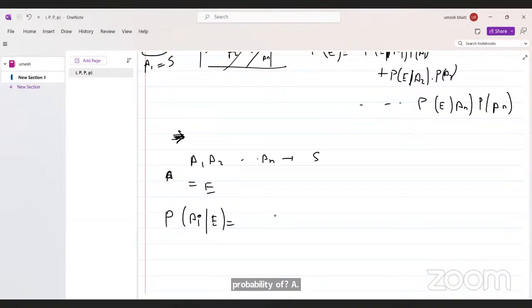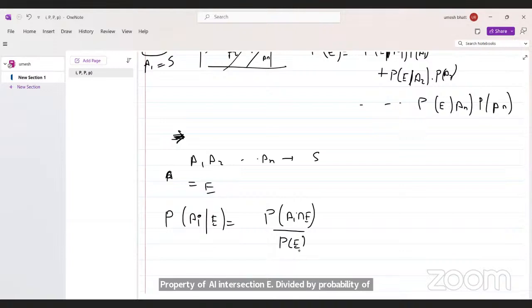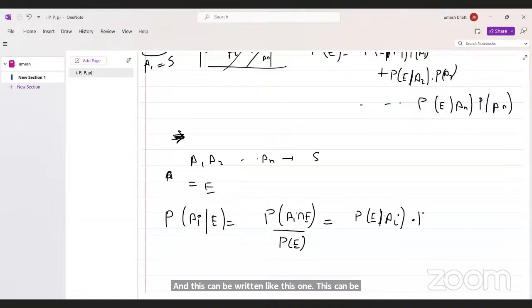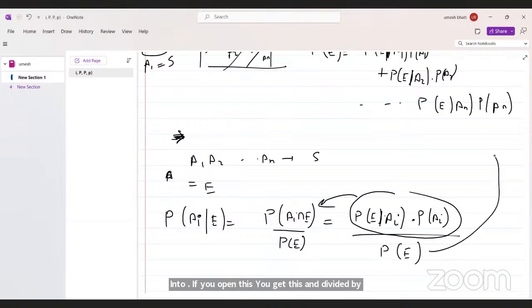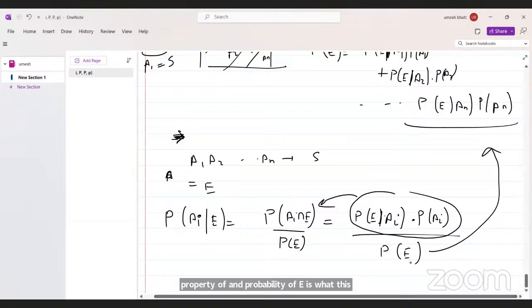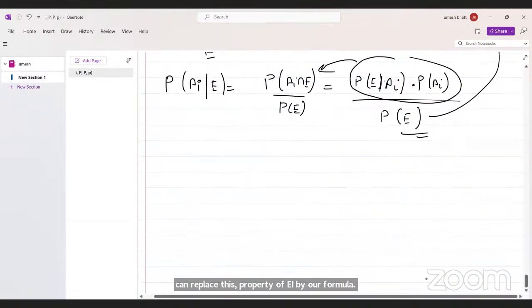It is probability of Ai intersection E divided by probability of E, and this can be written as probability of E given Ai into probability of Ai, divided by probability of E, and probability of E is given by the whole formula above. So you can replace the probability of E by our formula. Okay, this is the main formula.